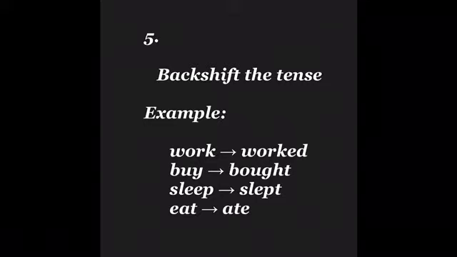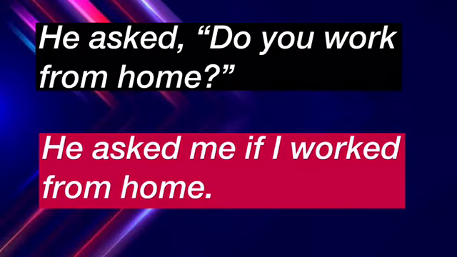In the next example, we have converted a question to reported speech. And you can see that we have added if in reported speech, and we have also converted the tense of the verb from present tense to past tense. So you can see work has become worked.